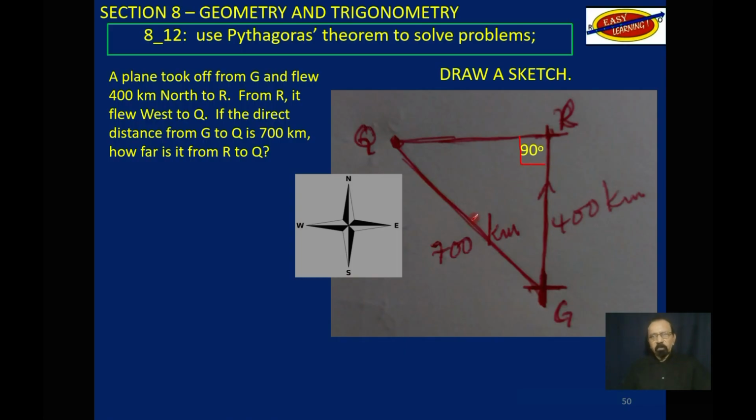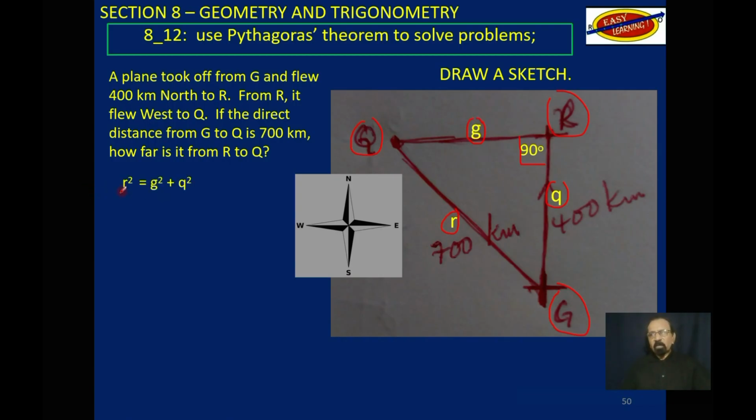This is the hypotenuse. If that is uppercase R, this here is lowercase r. And if that is uppercase Q, opposite it is lowercase q. And this here is G, opposite it is lowercase g. We want to find that distance there.